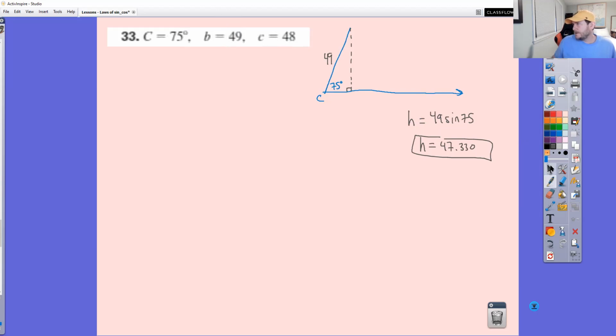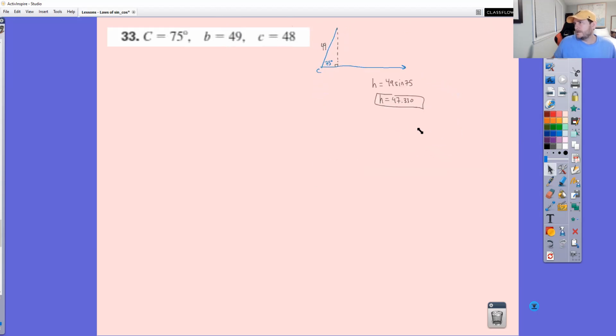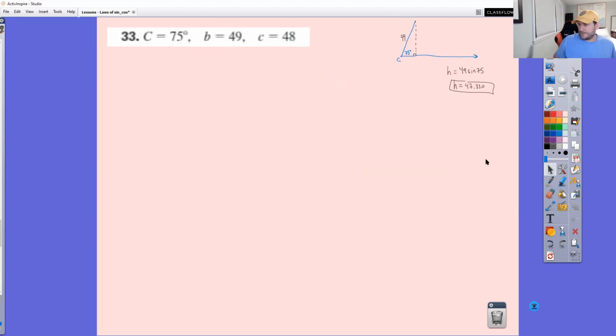So let me shrink all this malarkey. Put it over there. Here's what's about to happen. We have to solve this triangle. So there's going to be a solution named triangle 1.